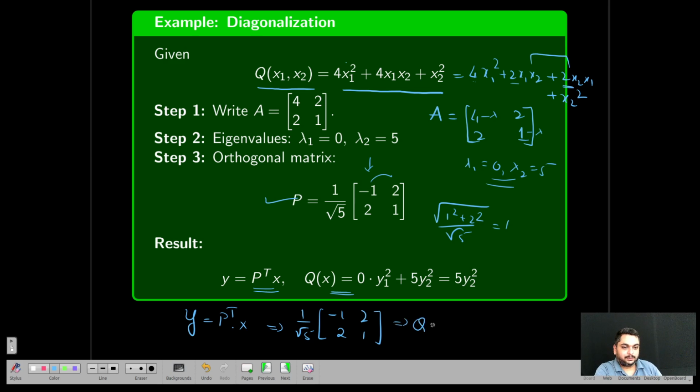Therefore, according to my definition, Q of x can be written as the summation of i equal to 1 to n of lambda i into yi square. There are two values. Lambda 1 is 0, so 0 into y1 square plus lambda 2, which is 5, into y2 square. So that is the answer. This matrix is given just to show you this is diagonalizable.